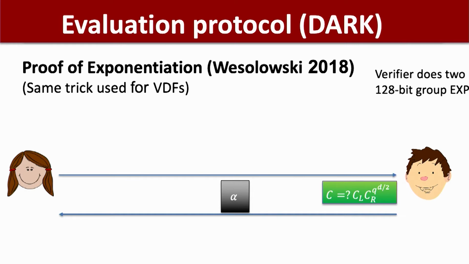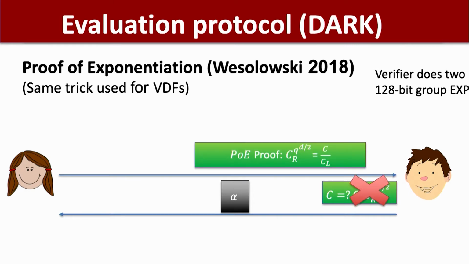But basically the idea is that I run this PoE with the prover and the verifier, and I just get a proof that, in fact, this exponentiation was done correctly. And of course, I present everything here as interactive protocols.